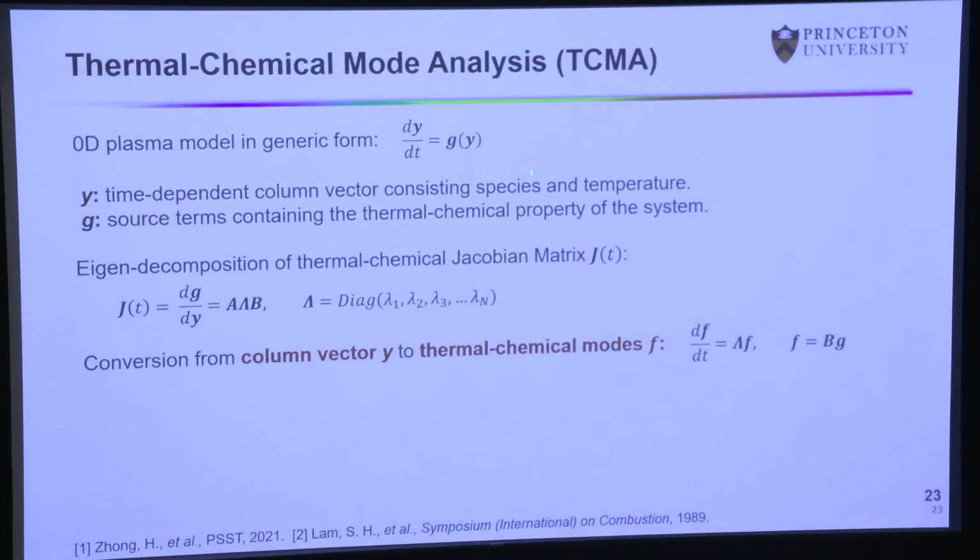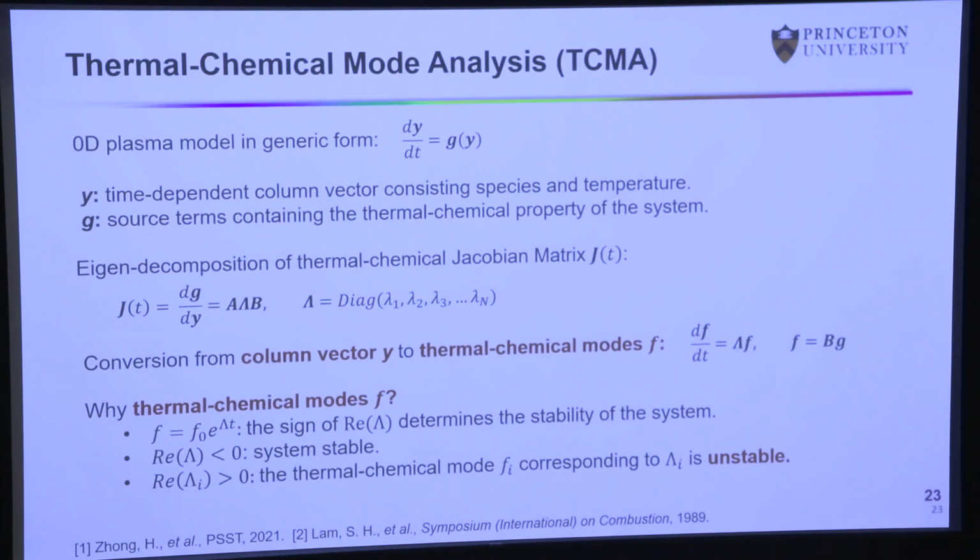So you can divide this coupled governing equation into decoupled ordinary differential equations. This lambda, again, is diagonal, and each F is a mode, and the modes are decoupled from each other, so you can find which mode becomes important to drive the instability.